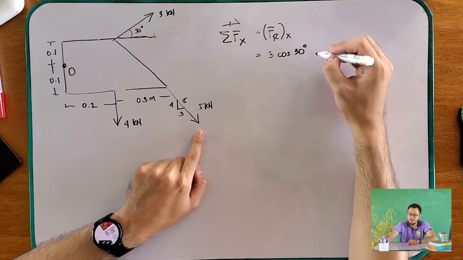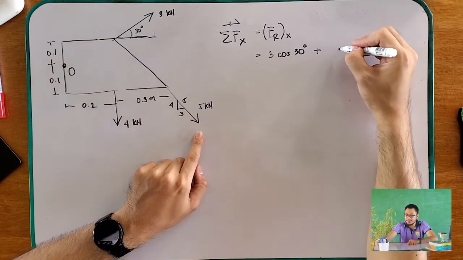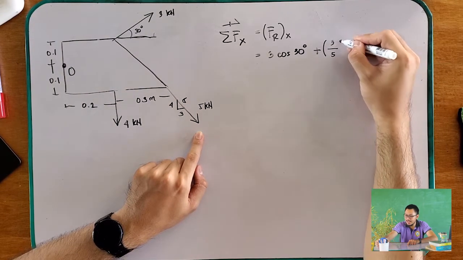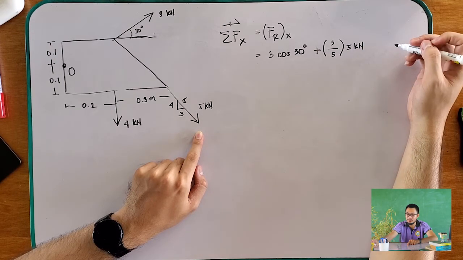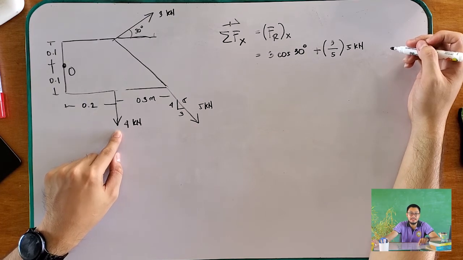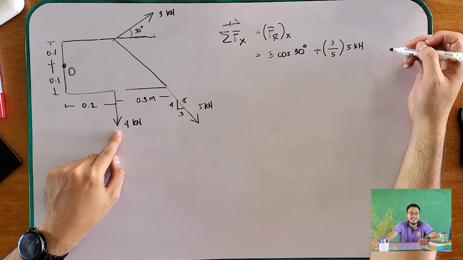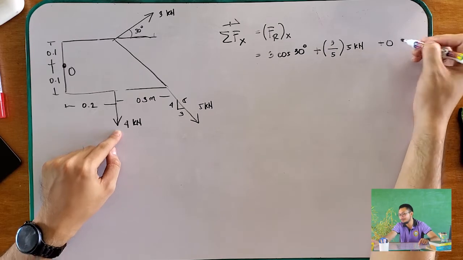Next, dito sa 5, this is plus, kay still going to the right ang iyang component. So, this is 3/5 times 5 kilonewtons. How about this one? This is acting vertically. So, therefore, this one doesn't have an x component. So, this is 0. So, plus 0.